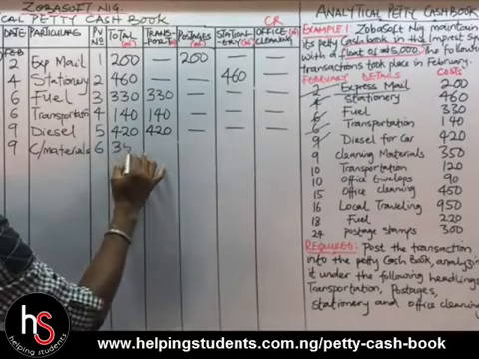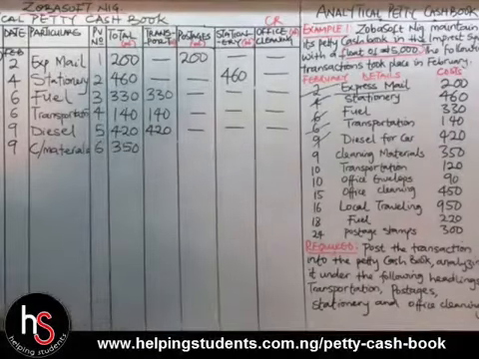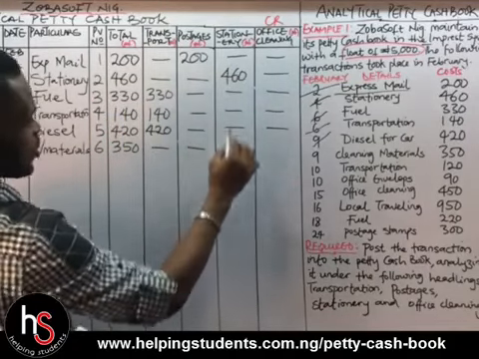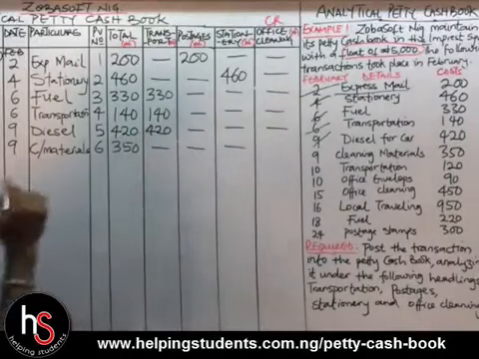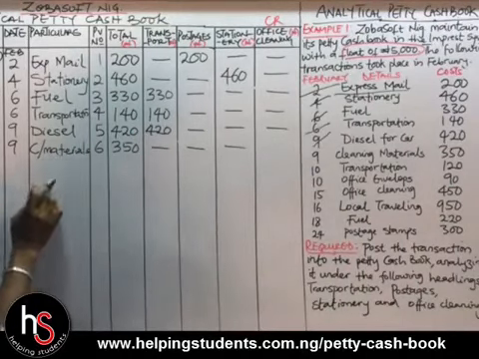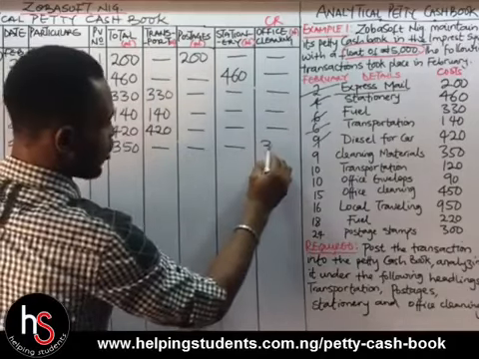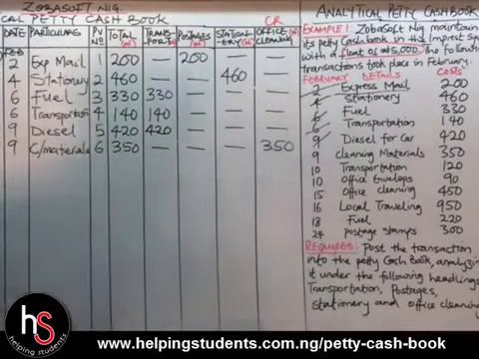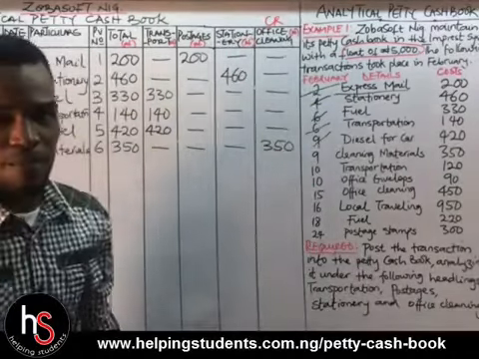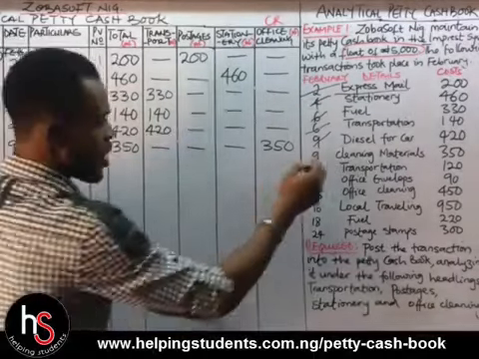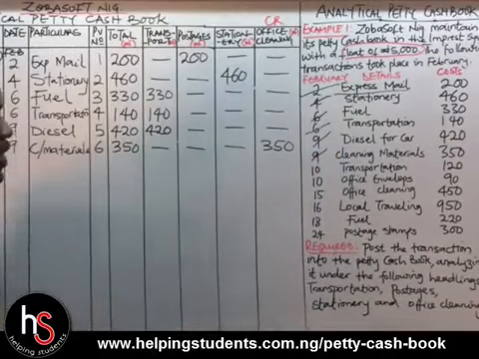So the total we have 350. Transportation, no. Postages, no. Stationery, no. Office cleaning, yes. Remember, cleaning materials. So it has a relationship with office cleaning. We record 350 naira. I hope you understand the step. It is just a gradual step. You take it one after the other. So we are done with 9th.